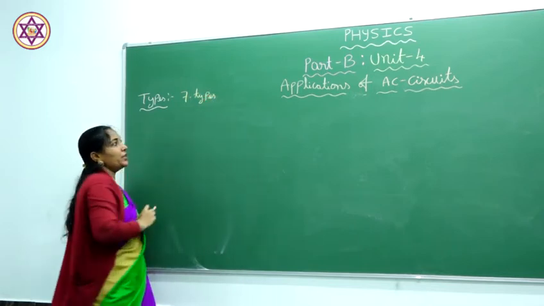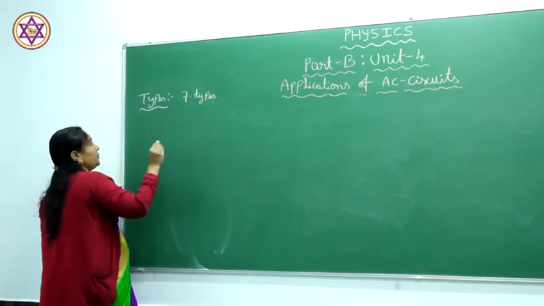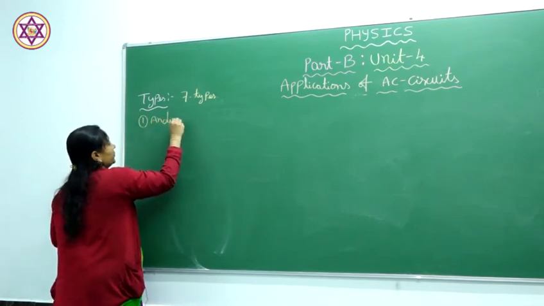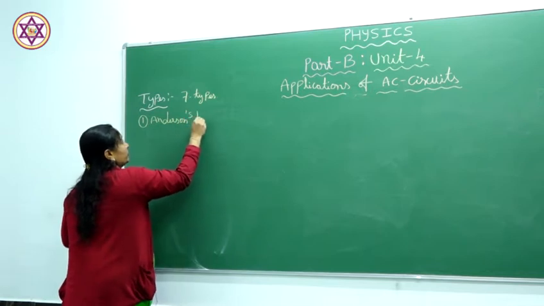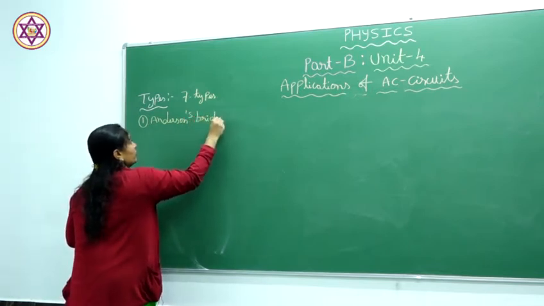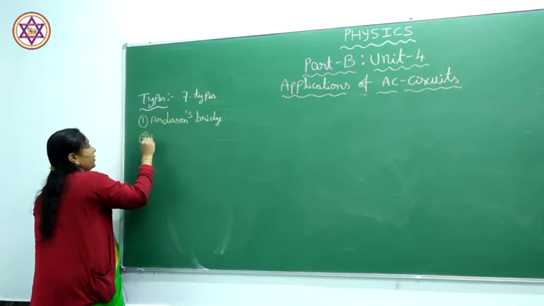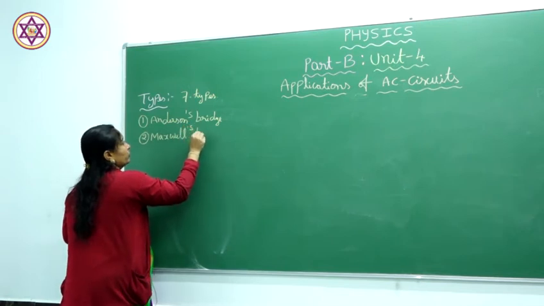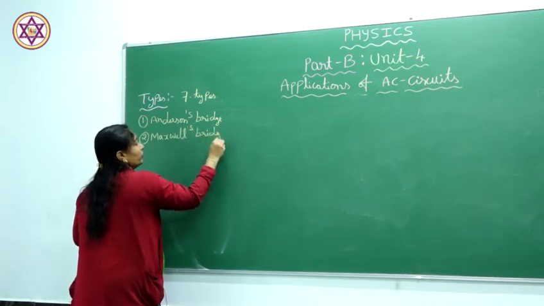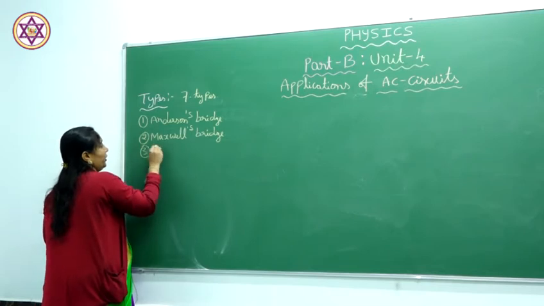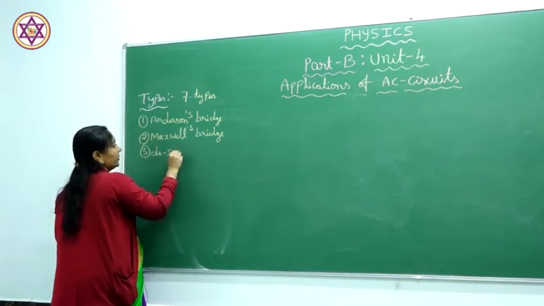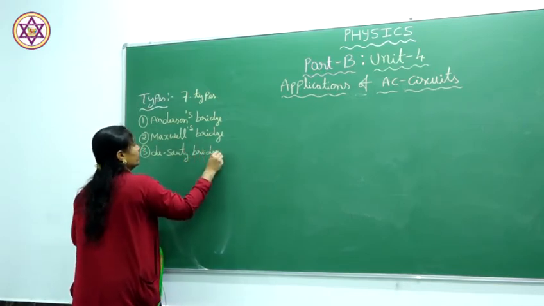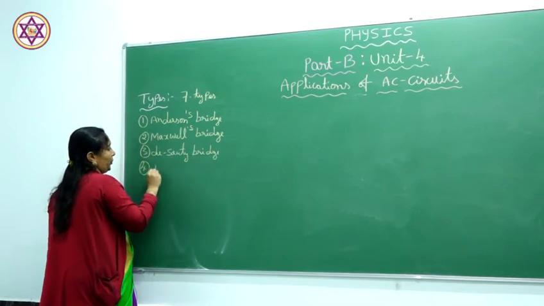The first one is Anderson's bridge, the second one is Maxwell's bridge, the third one is DeSauty bridge, and the fourth one is Robinson's bridge.